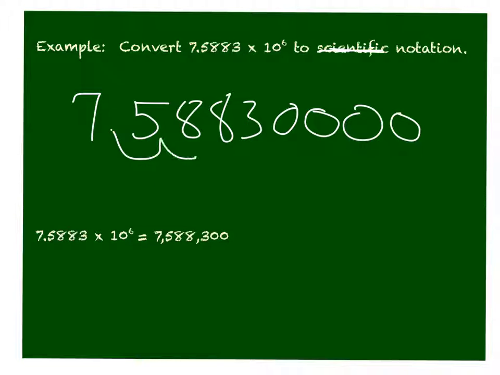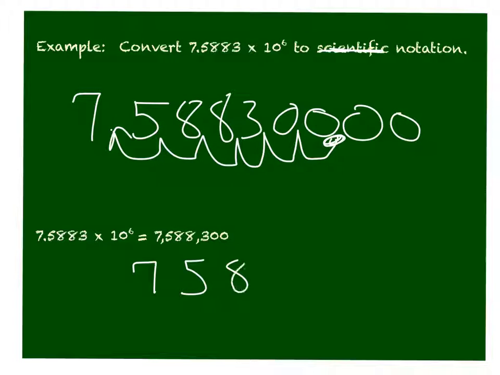So it's 1, 2, 3, 4, 5, 6. And this is where my new decimal place is going to be. Here's where it was. So if you look at that, I have 7, 5, 8, 3, 0, 0, and oh, I missed an 8 in there. 7588300, which is 7,588,300 in standard notation.